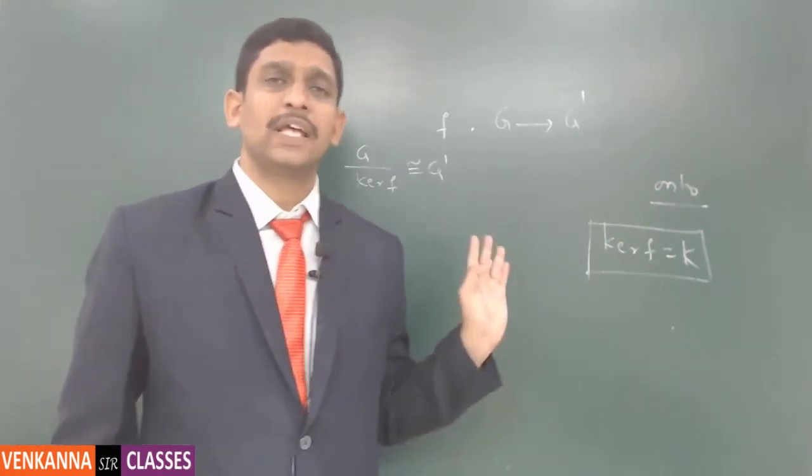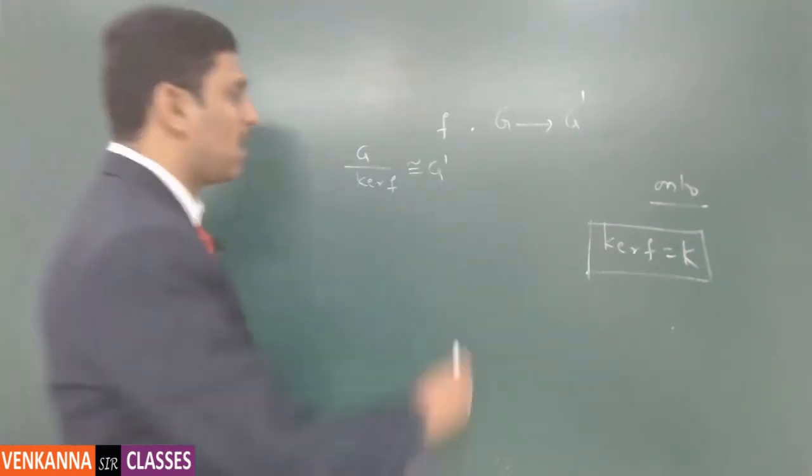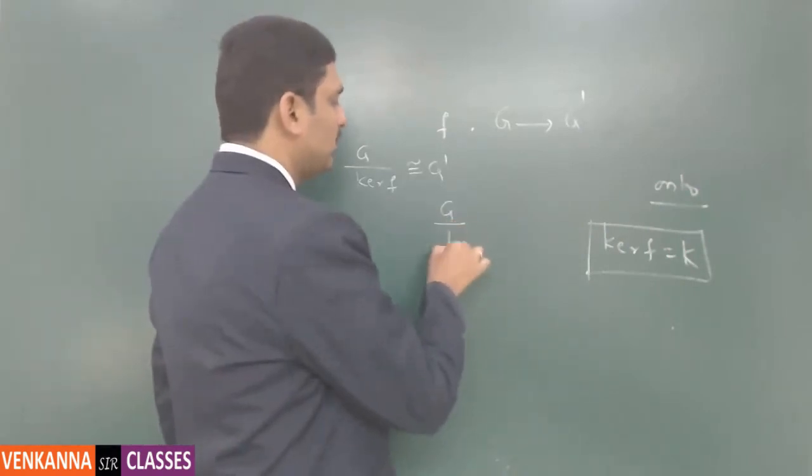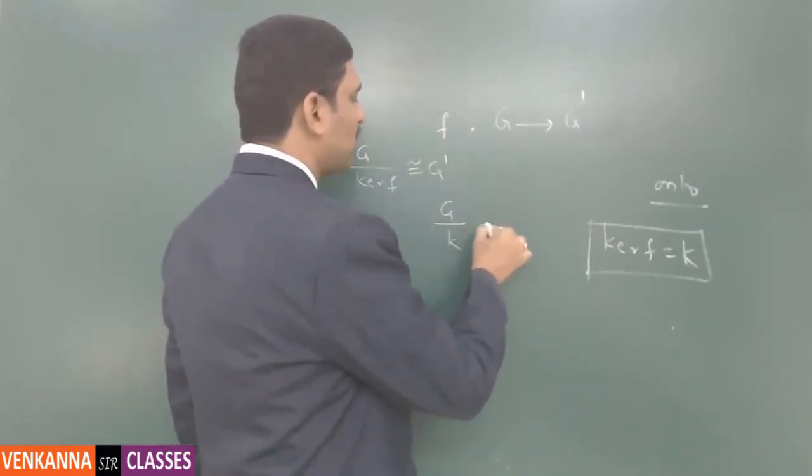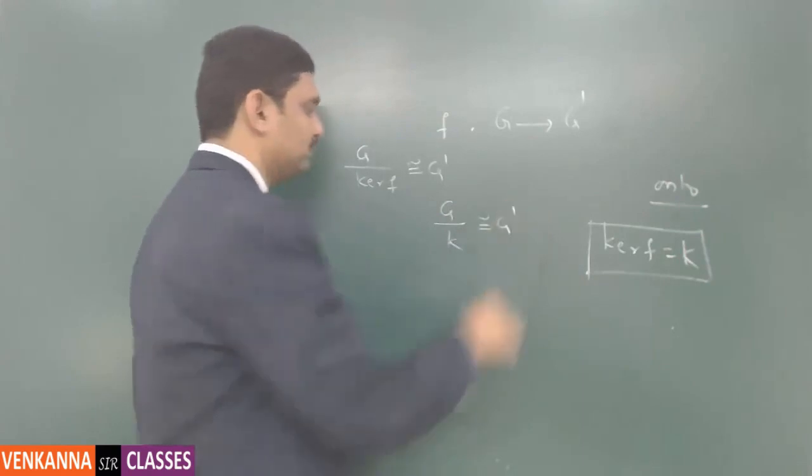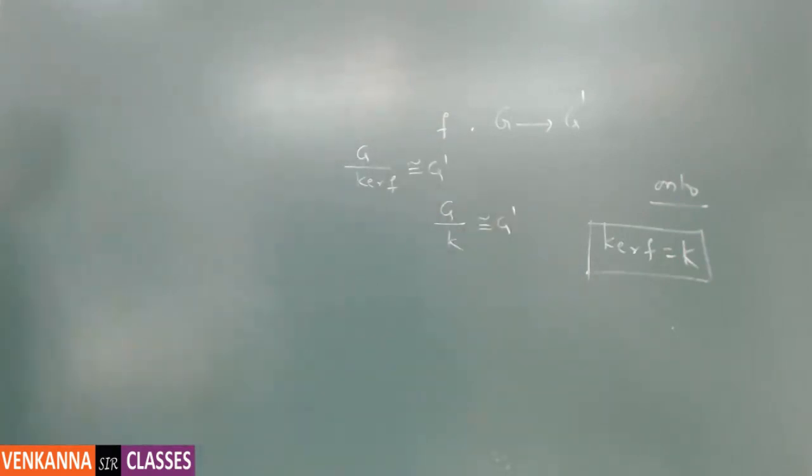So as per the theorem statement, I have to show that G by K is isomorphic to G dash. This I want to prove. Okay, all of you? Yes or no?